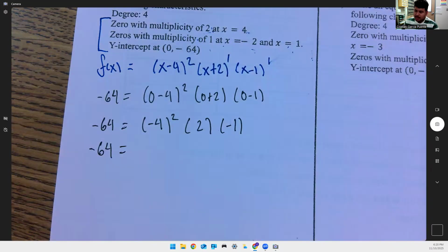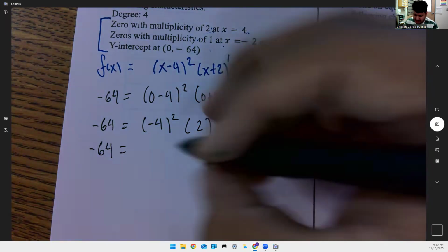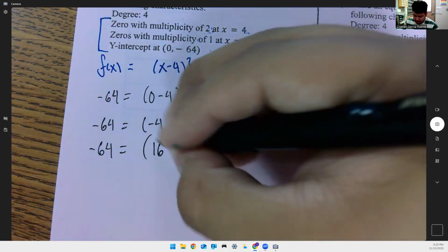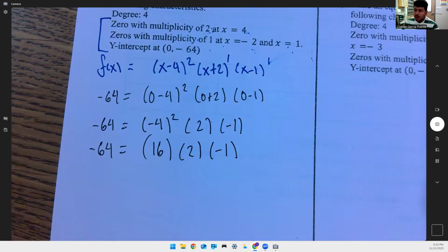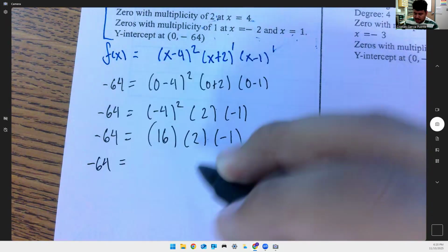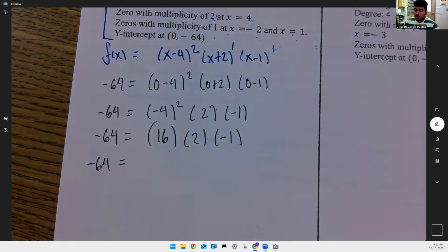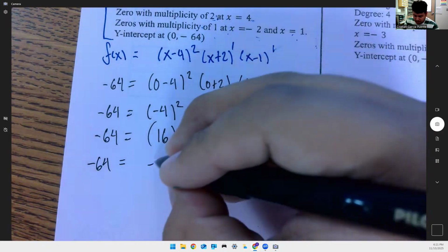Or actually, not yet. I lied. There's an exponent we have to do first. What's negative 4 squared, or negative 4 times negative 4? Positive 16. All right, now what's 16 times 2? 32, times negative 1, negative 32.